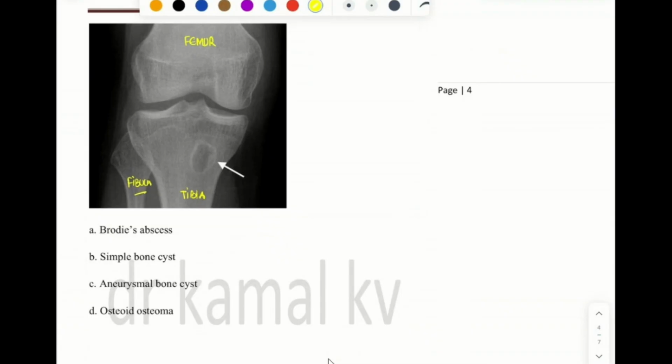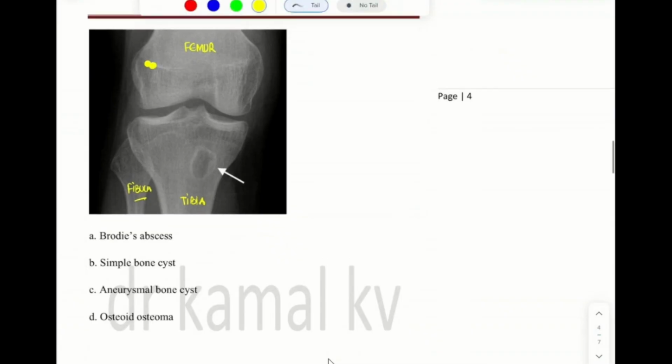Secondly, what we can see is the closed growth plate. So the physis is fused. So it means the age of the patient is a little more than 18 years. Now coming to the lesion, we can see an oval lesion, right?